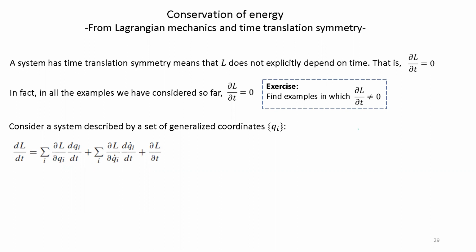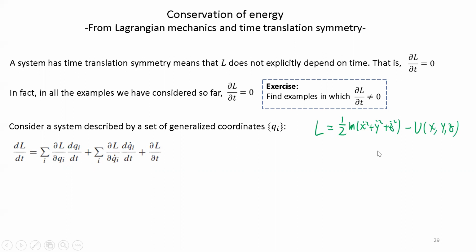If you remember, I always have this Lagrangian, 1/2 m times x dot square plus y dot square plus z dot square, minus the potential energy, whether it is 1/2 kx square or mgz or anything.